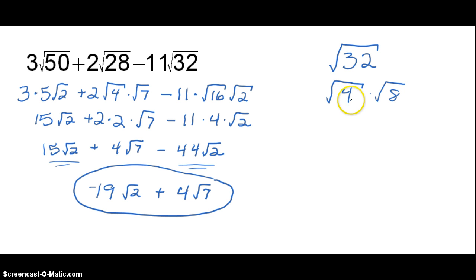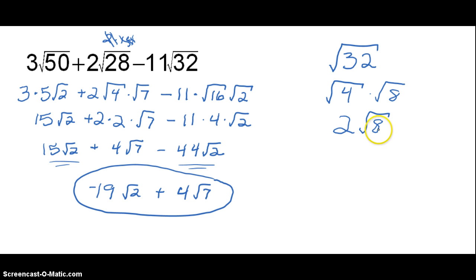For example, with the square root of 28, you could have picked 2 times 14 because that's 28, but neither 2 nor 14 is a perfect square, so that's not helpful in simplifying and lowering the number underneath the radical. The square root of 32 could break down to square root of 4 times square root of 8. 4 is a perfect square, so that gives us 2 times the square root of 8.